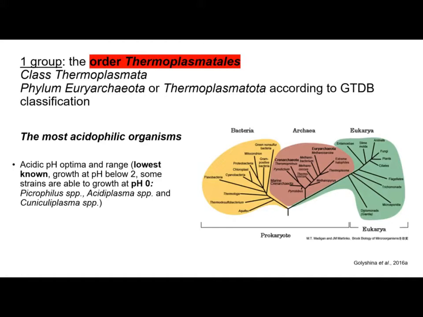And the very first group of archaea which we will discuss today is the order Thermoplasmatales of the class Thermoplasmata, phylum Archaeota.